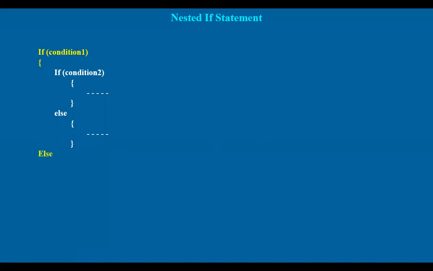If this condition 1 is true, it comes inside here, and condition 2 is tested, and based on that, this will be executed. If this condition 1 is false, it comes directly here, and it executes these statements and closes the bracket.